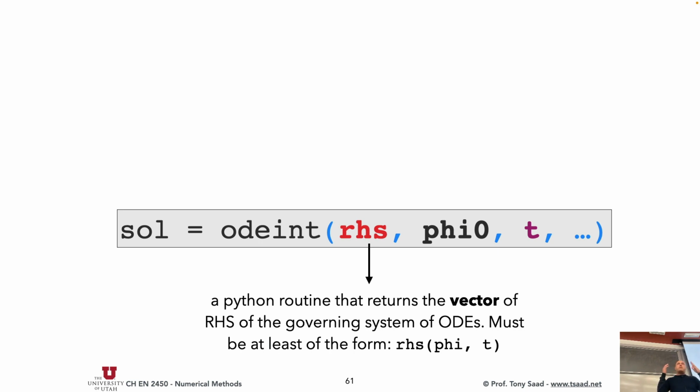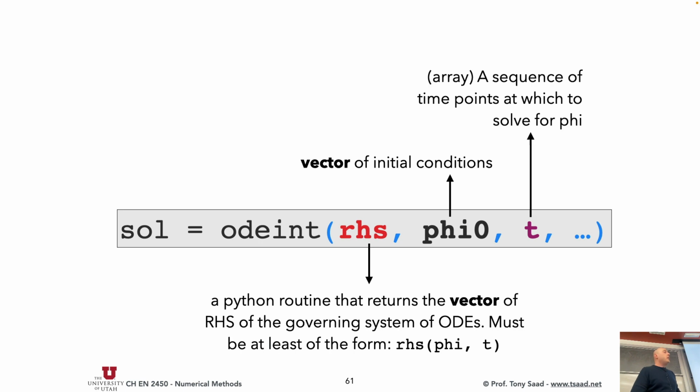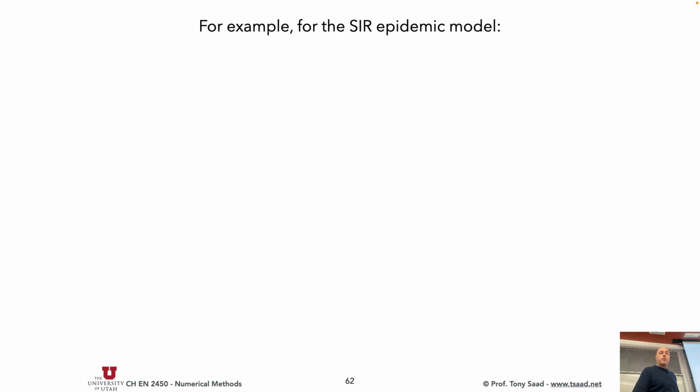So you must assume that your right-hand side routine also takes in a vector of all of those dependent variables. Your initial condition now becomes initial conditions: a vector of initial conditions for all the dependent variables you're solving for. And finally, time is a sequence of time points at which you want to solve for all of your unknowns, all of your dependent variables.